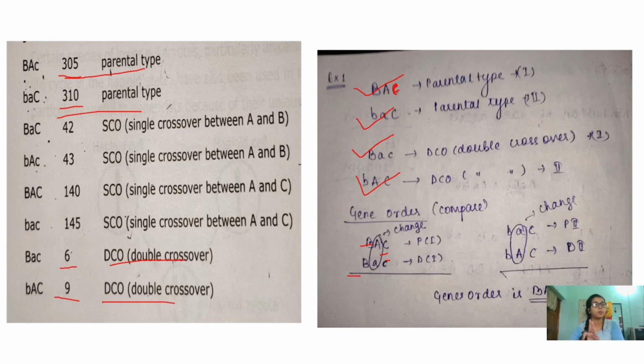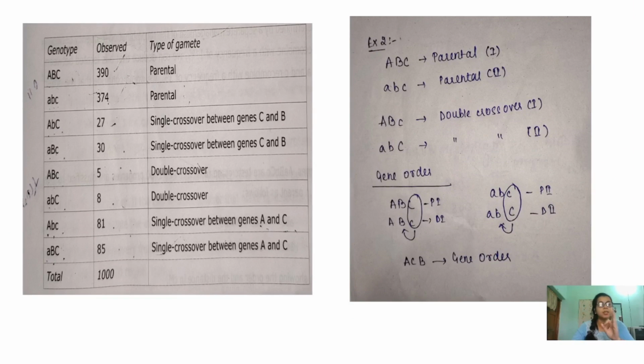The trick is that wherever the change is present, it should be in the middle. Change means the difference. You will find the difference only in the middle. Here, as the change is found in the middle, you need not change the order. The gene order will be as it is, that is BAC. In the next example you will get a clearer idea.